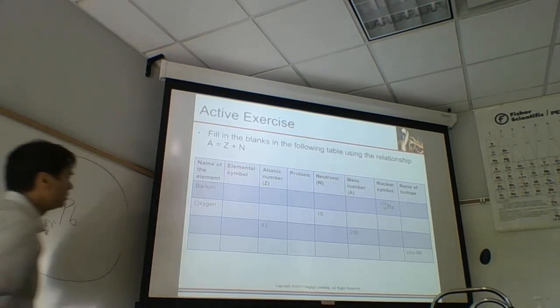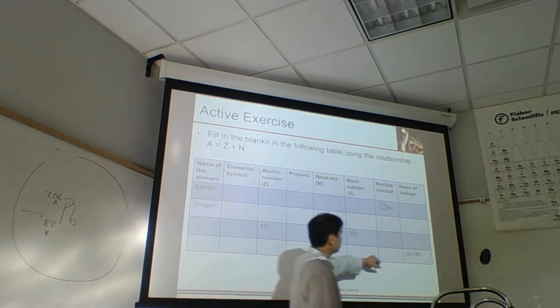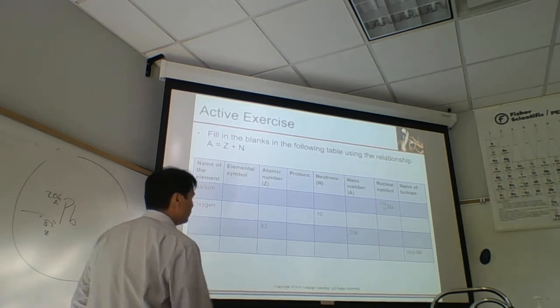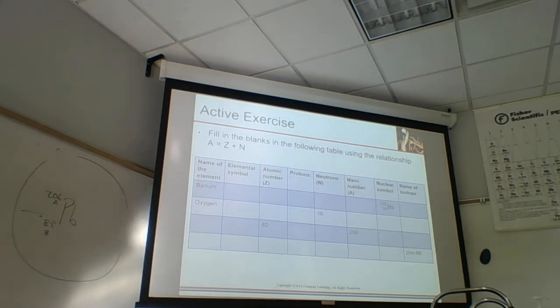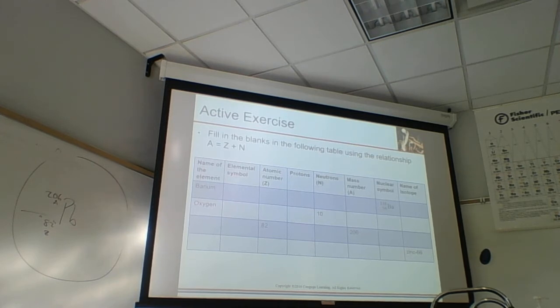All right, let's go on to the last row here. This is zinc 66. And so maybe we'll go to the nuclear symbol. What's the nuclear symbol for zinc 66? Does the 66 go on the bottom or on the top? The top. What goes on the bottom here? The atomic number of zinc is?